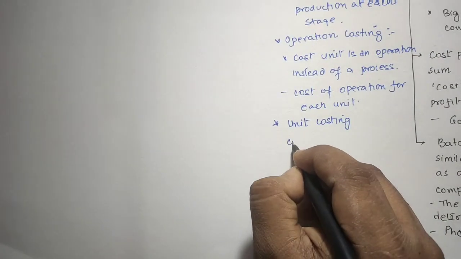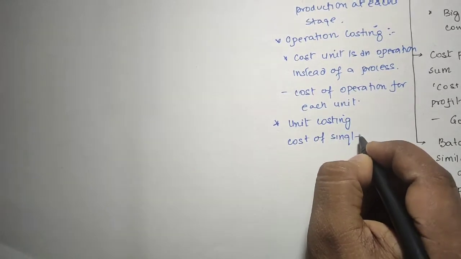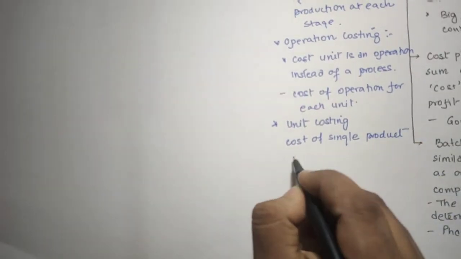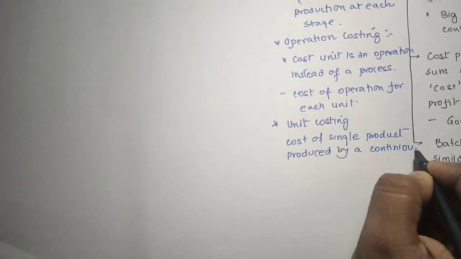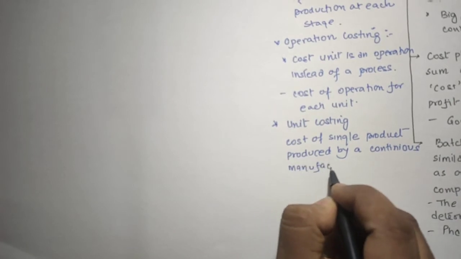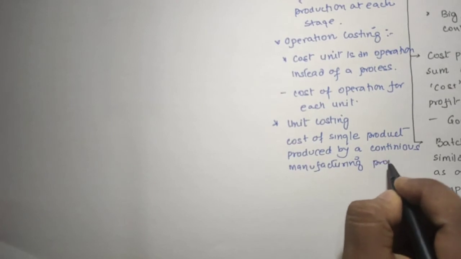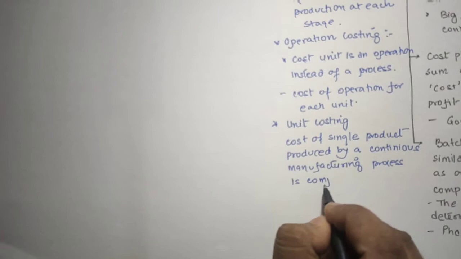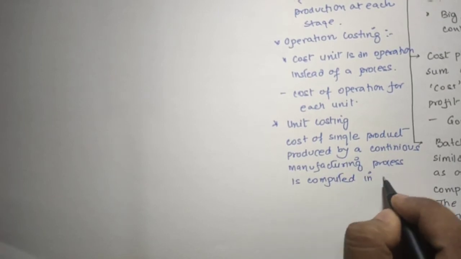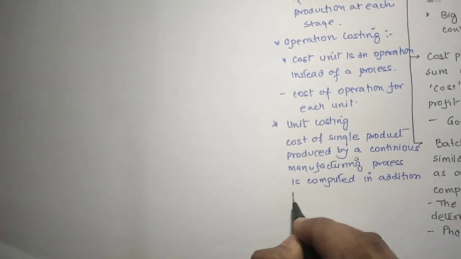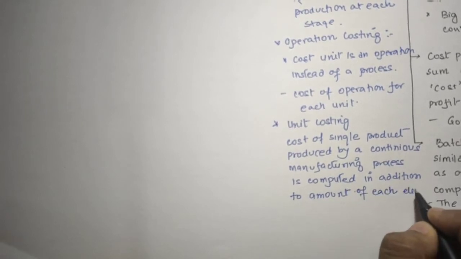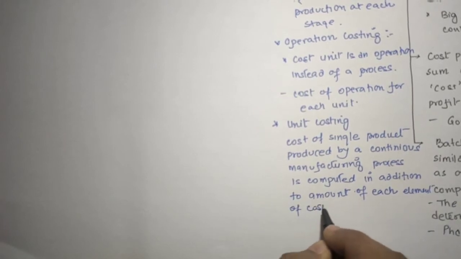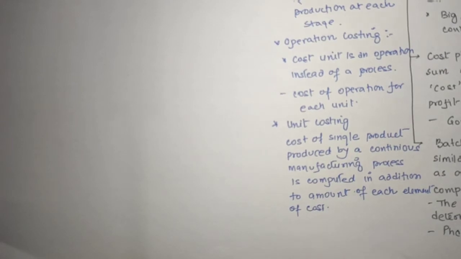Under this method, the cost of a single product produced by a continuous manufacturing process is computed in addition to the amount of each element of cost, and this method is suitable for flour mills, paper mills, cement manufacturing industries.